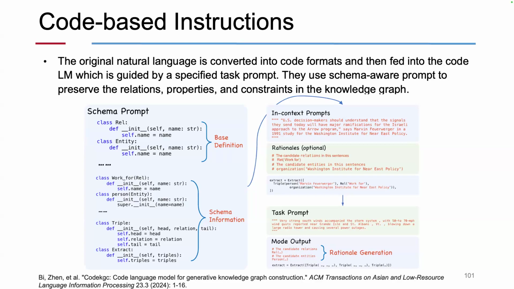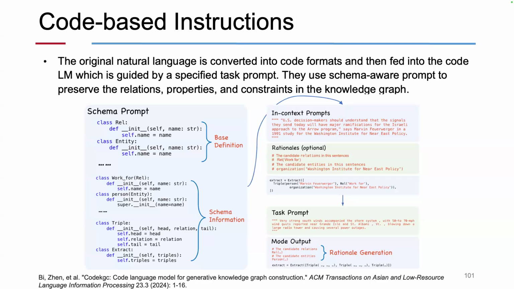And the idea is, if your language model writes the code following your schema, then you can easily extract a triplet, or you can easily construct a knowledge graph based on that output, right? Because the schema is written in this way. You define your relation, you define your entity, you define your triplet or specific types of entities, what attributes entities could have, right?